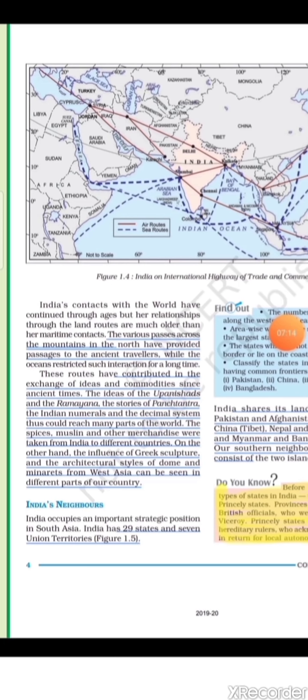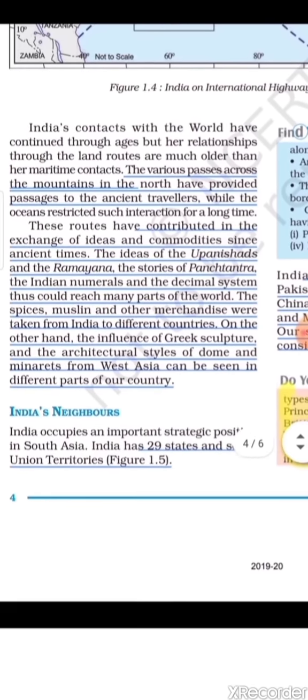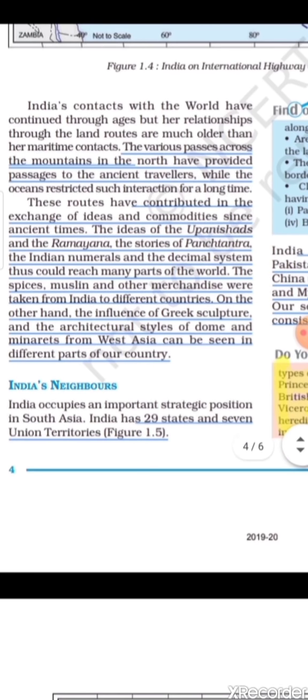Students, India was not only connected with different parts of the world through the sea routes, but various passes in the north across the mountains also provided passage to ancient travelers, while the ocean restricted such interaction for a long time. These routes contributed to the exchange of ideas and commodities.